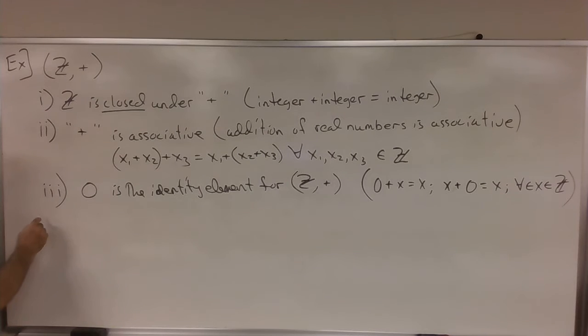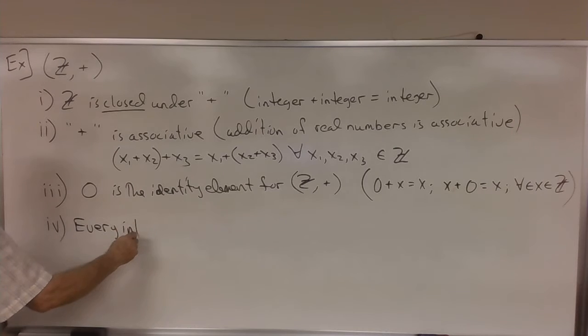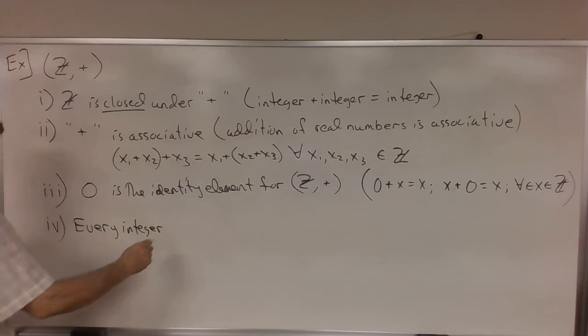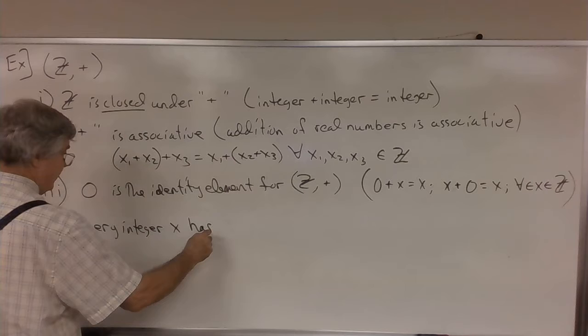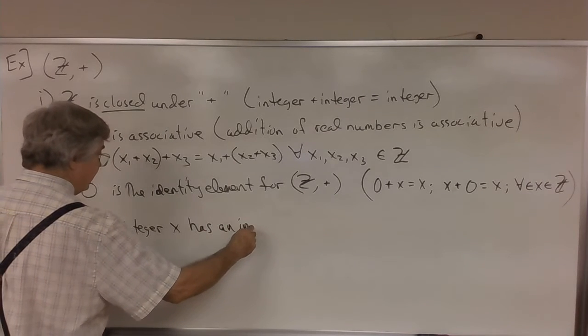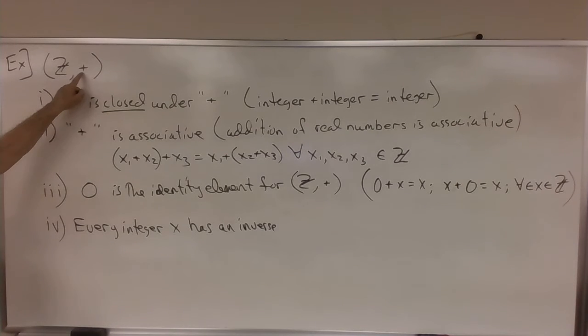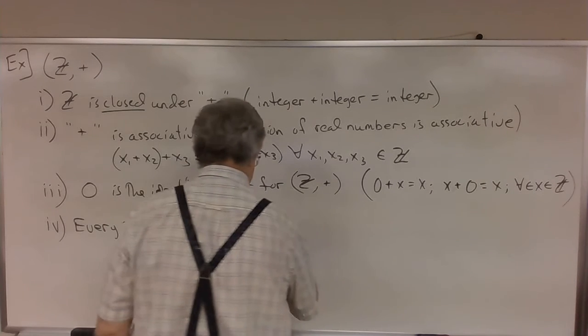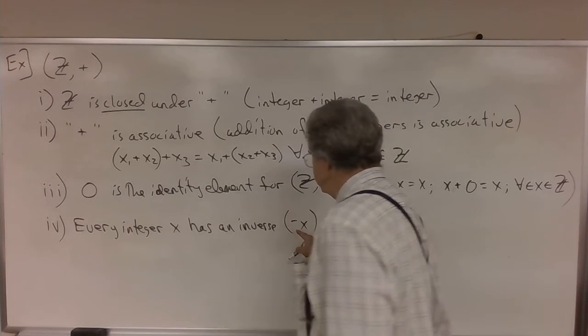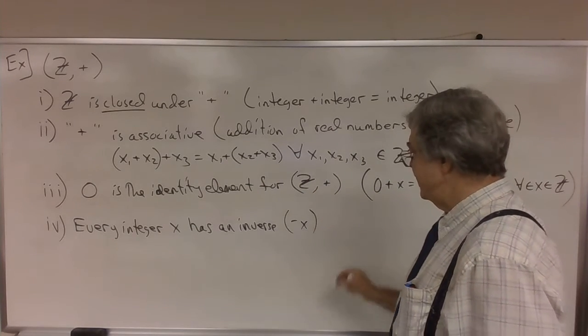And let's see, every integer has to have an inverse. So under the binary operation of addition, what is the inverse of an integer x? It's the integer negative x.